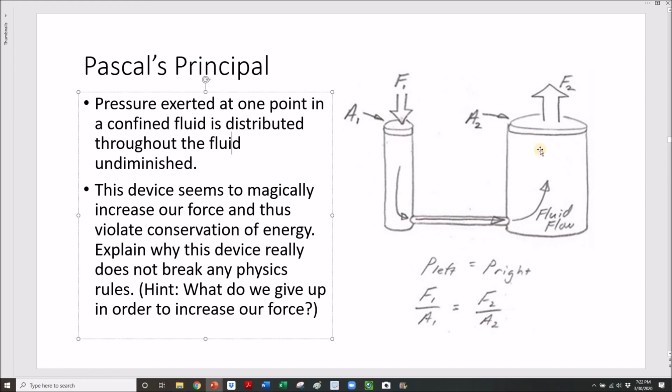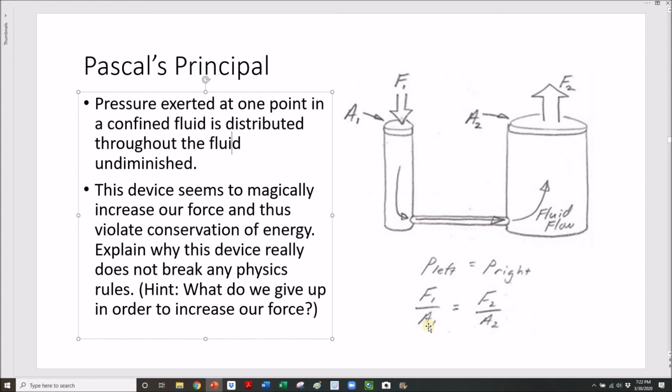This device right here is called a hydraulic pump. When you push down on this one, that extra pressure you make here is transmitted to this side, which increases the pressure on this side and can make this piston go up. The cool thing is if you have a small area and you push down here, then you end up with a small area in the denominator.